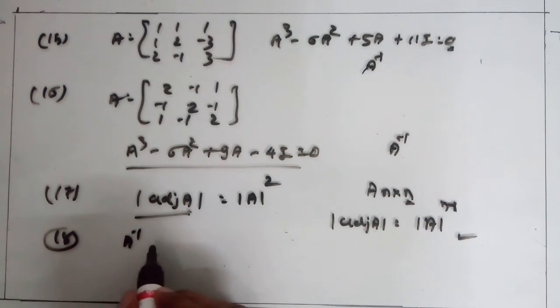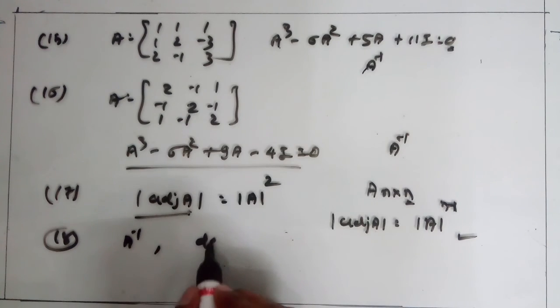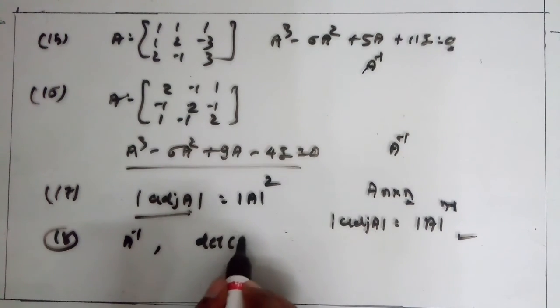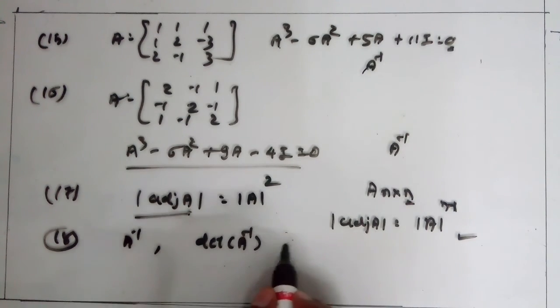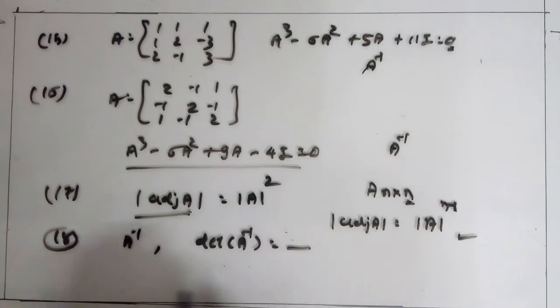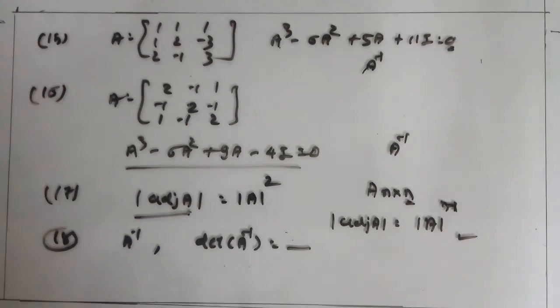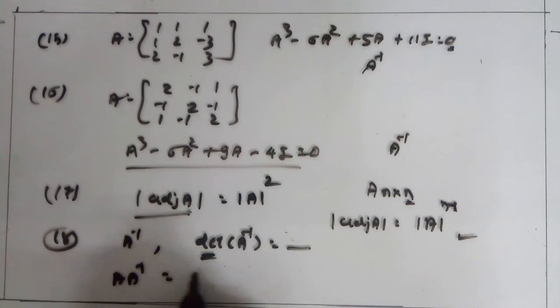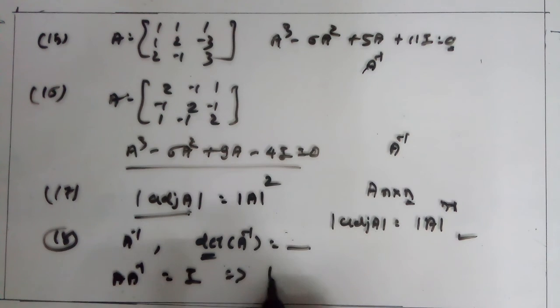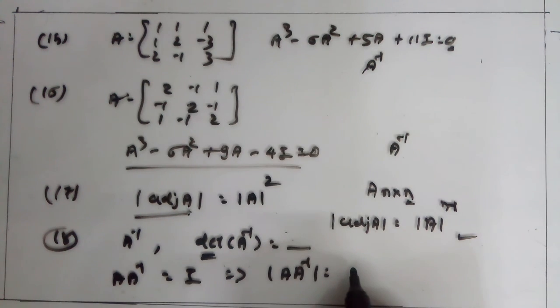Options are given: determinant of A, 1 upon determinant of A. We know that A into A inverse is equal to I. This implies determinant of A into A inverse is equal to determinant of I, which is equal to 1.